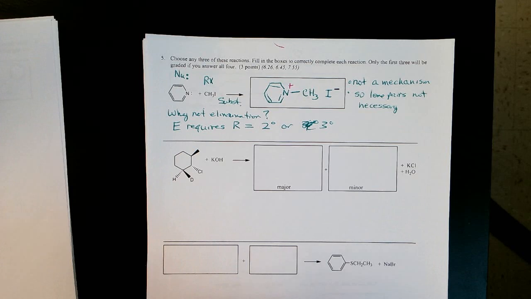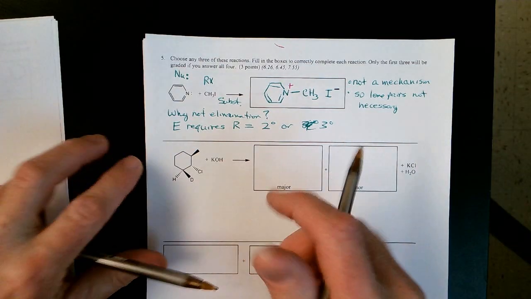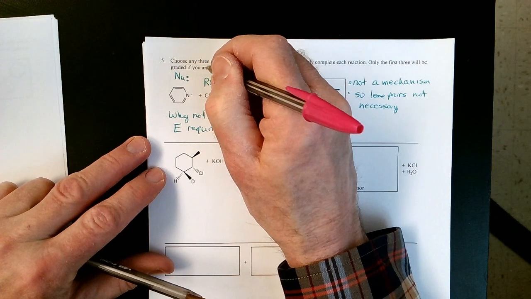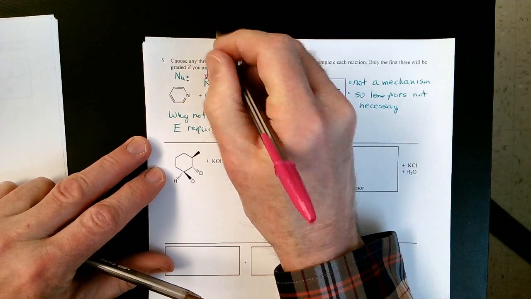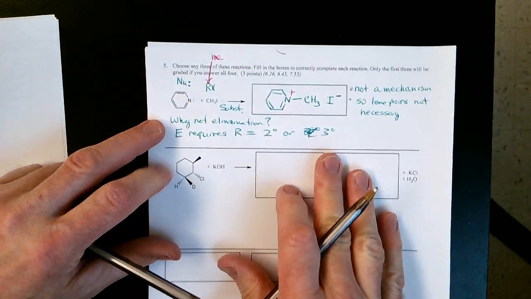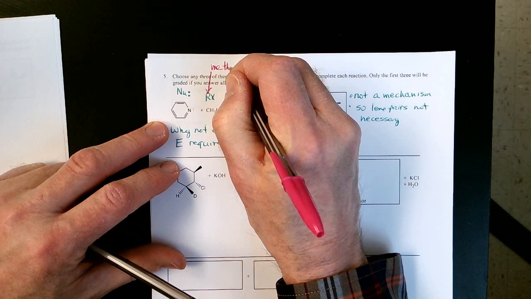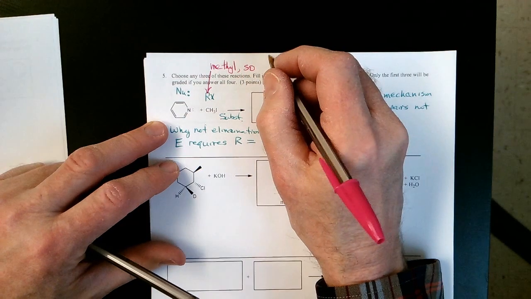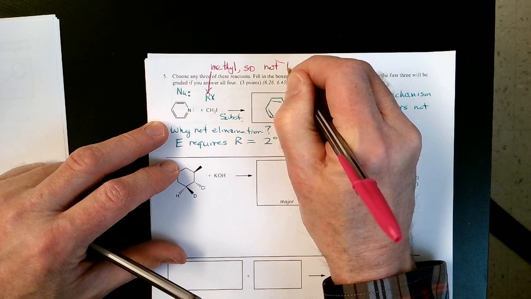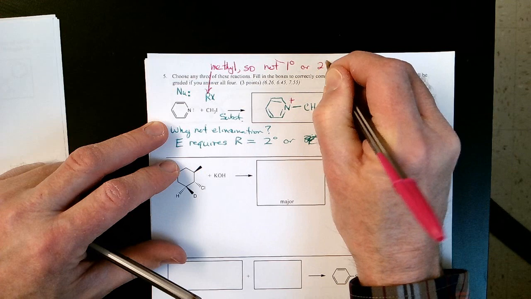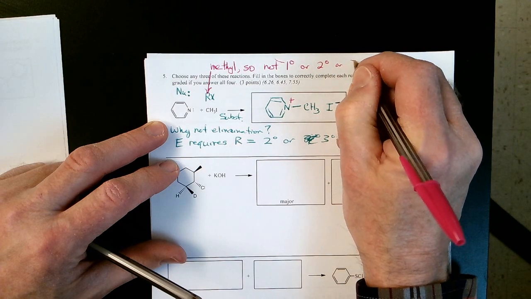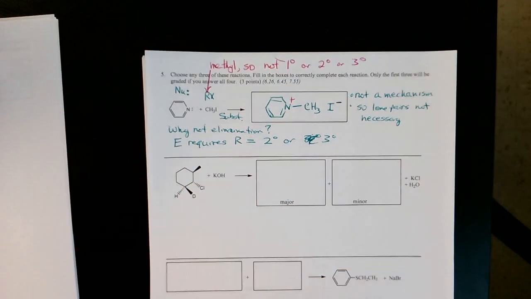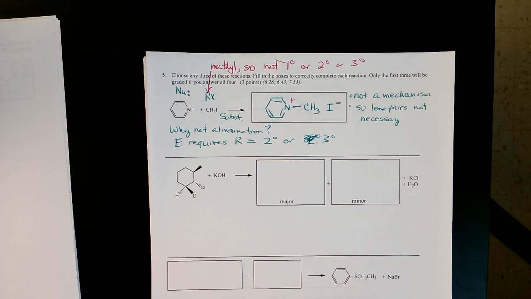Is it secondary or tertiary? It's not. So the only thing it knows how to do is substitution only. It's not just that it's primary, it's even smaller than that. This is methyl, so it's even smaller than secondary or primary or tertiary, what have you. It's not a candidate for elimination.